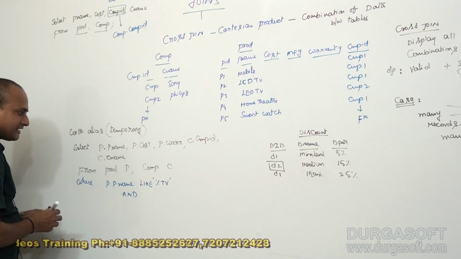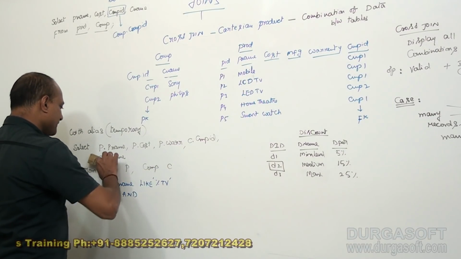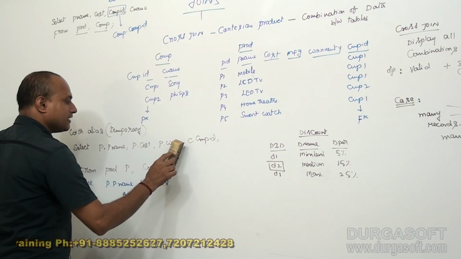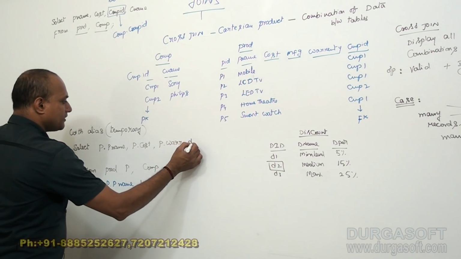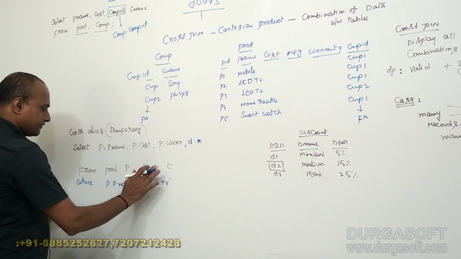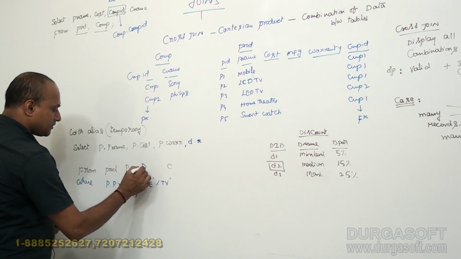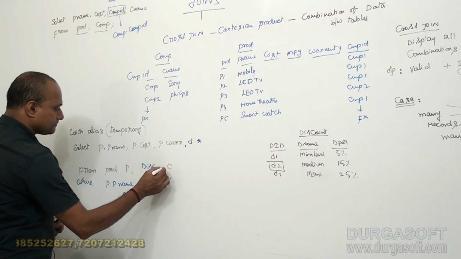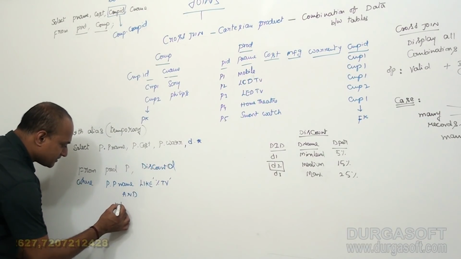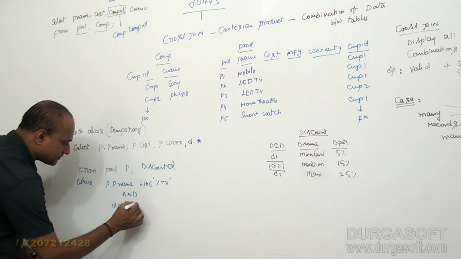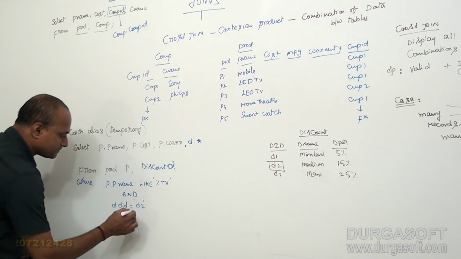So you are selecting discount information from second table. Yeah, discount information. So let us say d dot star from discount table, alias name D. So d dot did, discount ID, is equal to D2.